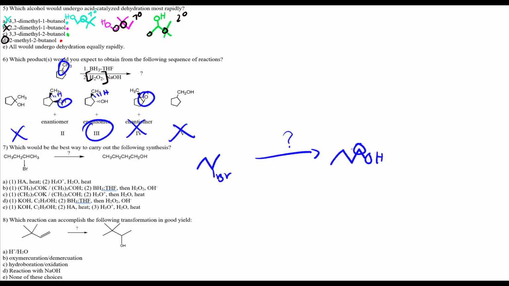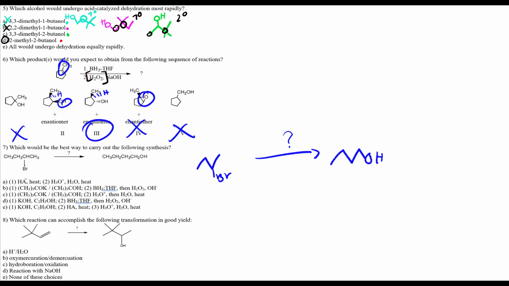Well, typically to do that, you have to do an anti-Markovnikov reaction. Not always, but it's very typical, okay? So I'm already thinking of a radical reaction or something with hydroboration, okay? So that's what I'm thinking. Let's do this. What if I did number 1?